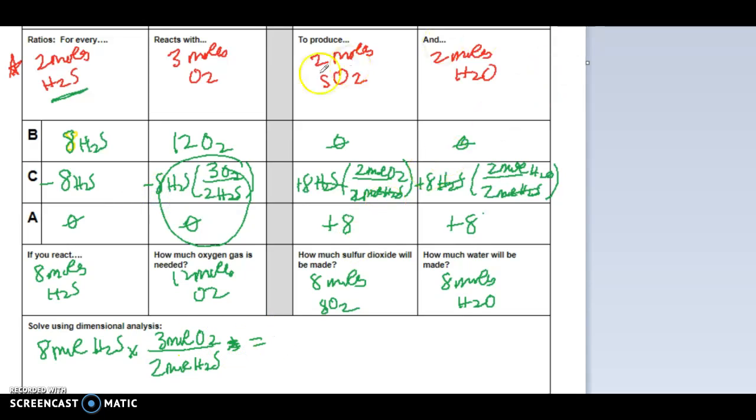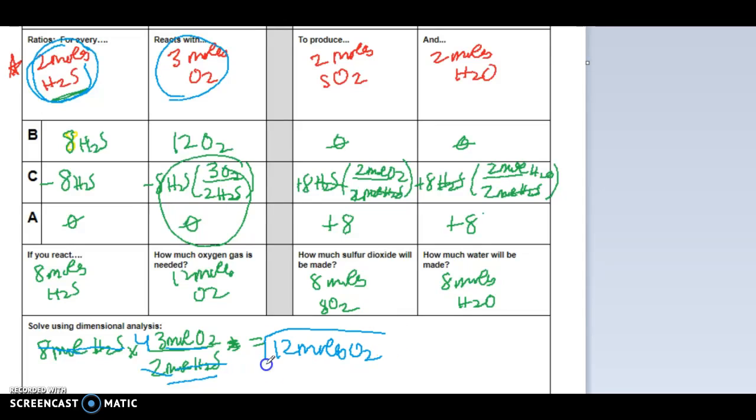Okay, because that is the ratio here, right? All these are ratios, okay? So for every 2 moles of H2S I need 3 moles of O2, okay? So that cancels. Cancel that to a 4, and then I just get 12 moles of O2, okay? Which is exactly the same as what I got right here, okay? So again, the dimensional analysis, it's really this change step, all right? It's just a little bit different way to solve it, okay?